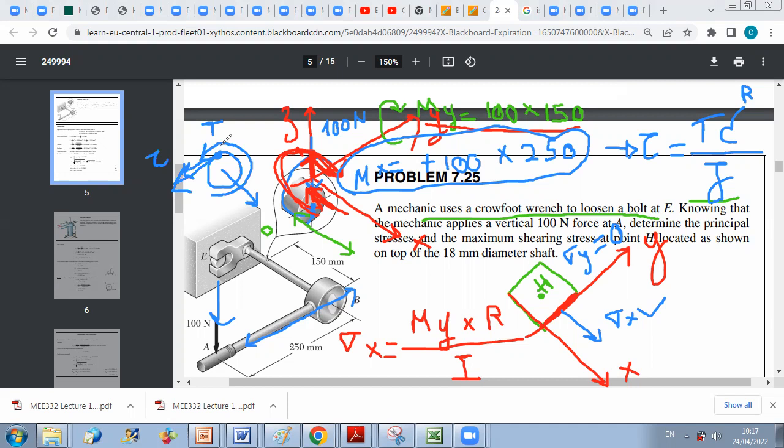Okay, so I can now say that if I represent the shear at this level, I have for this element a normal stress, and I have also the effect of shear. This is tau here on this face. So tau here should have an opposite tau along this direction. And if I go to this face, I have tau like this.